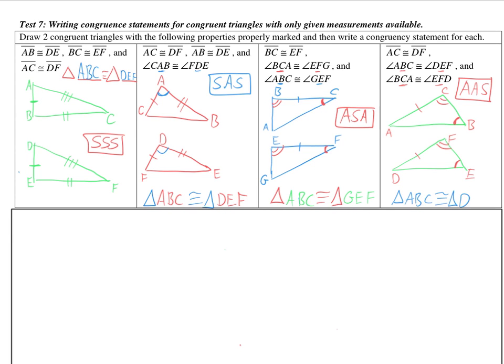E. And what corresponds to C is F. There we go. We now have all four done. Now be aware, these are the four congruency statements. You should have one that's SSS, one should be SAS, one should be ASA, and one should be AAS. Be careful and make sure to draw it all nice and neat and put the triangle names when you're done.